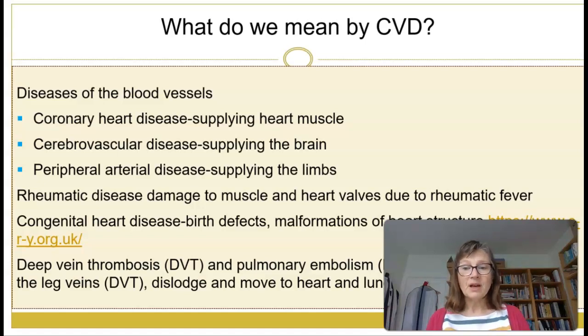That's when a blood vessel in your lungs is blocked, and therefore that causes breathlessness and difficulty breathing. So there's a range of different things that all come under this vascular disease umbrella term.